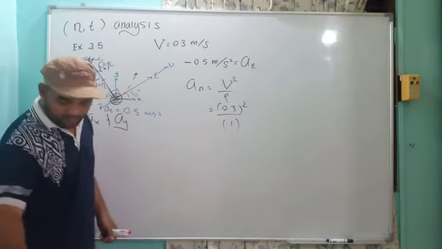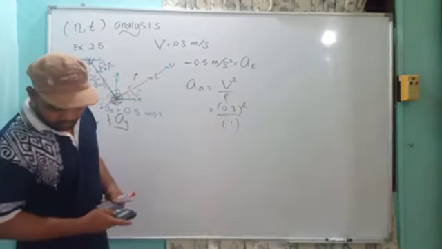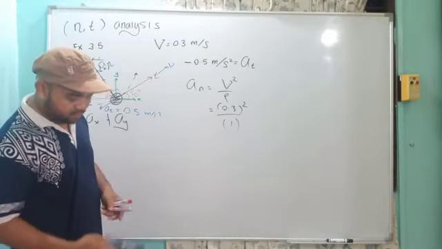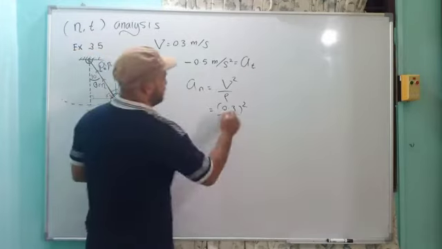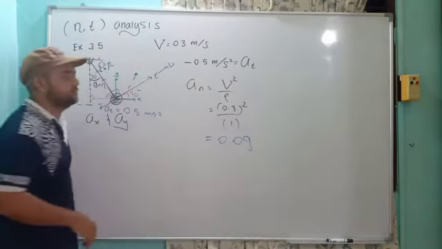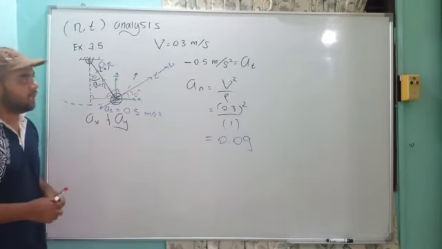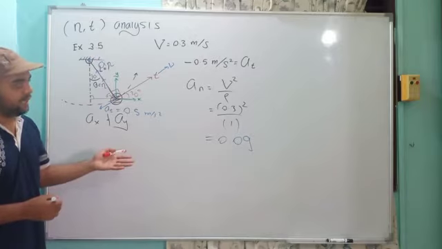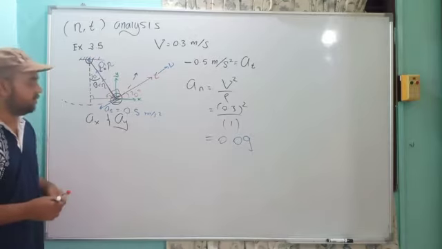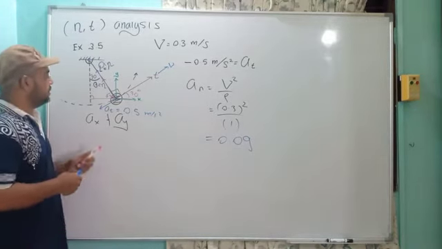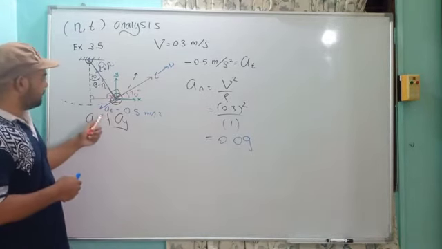Okay, so the value here is 0.3 squared divided by 1, which equals 0.09. That is A normal. Okay, now we have the magnitude. You should have the direction. So the A tangent is going this direction.